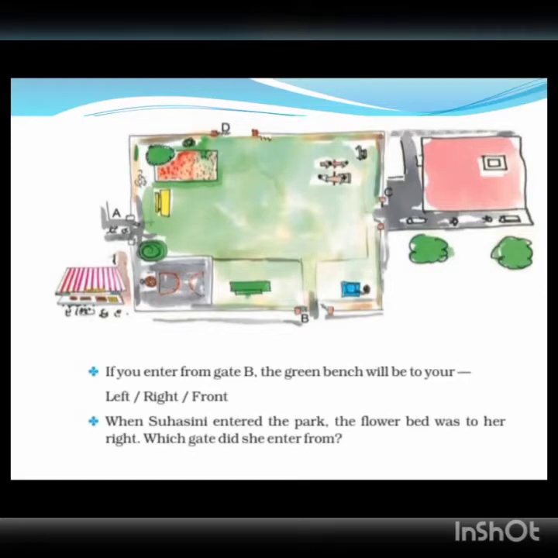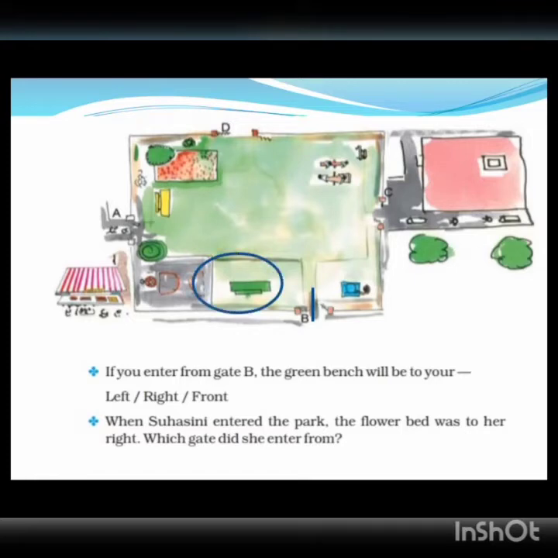If you enter from gate B, the green bench will be to your left, right or front. Dear students, let's enter from the gate B. Here is the green bench.